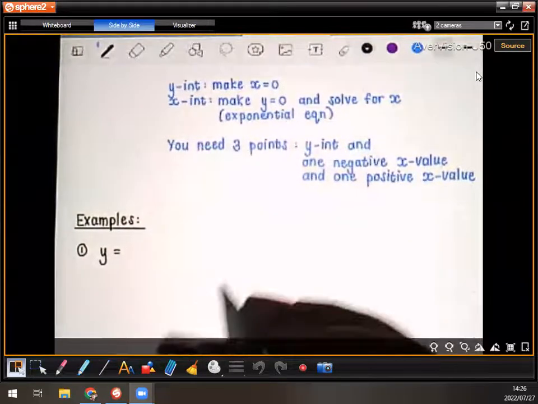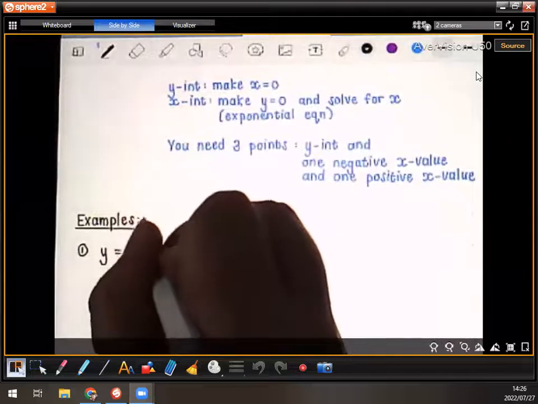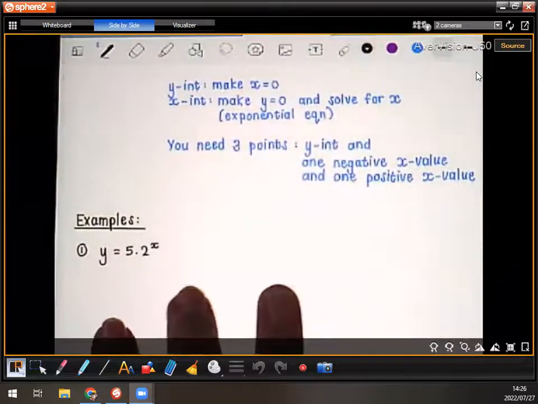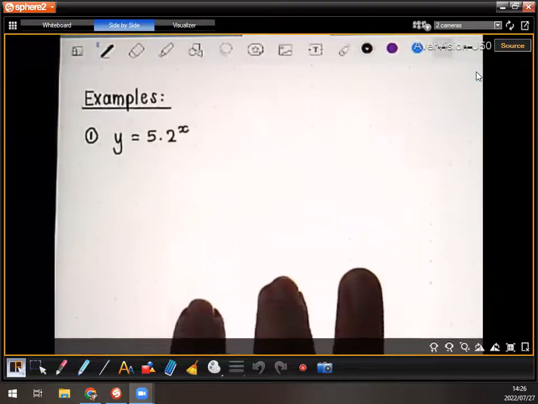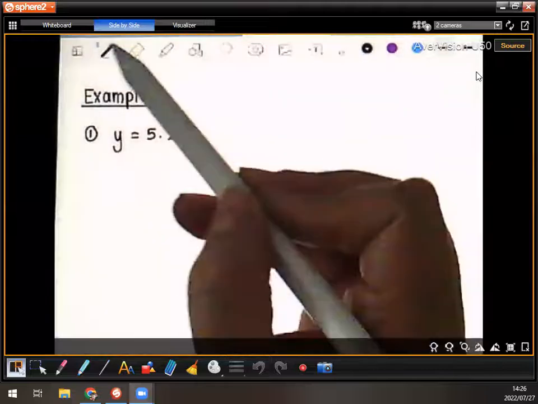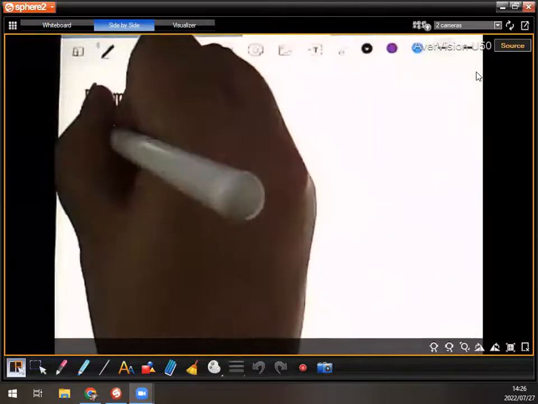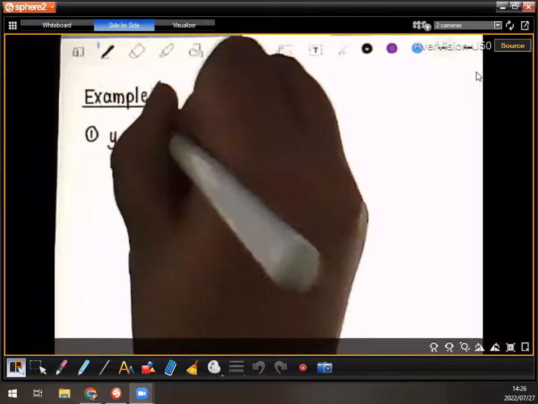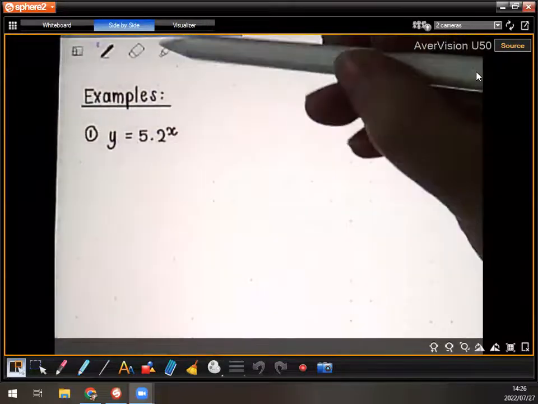Okay, let's do y equals 5 times 2 to the power of x. A very simple one to start off with. All right, what is the identifying factor here?